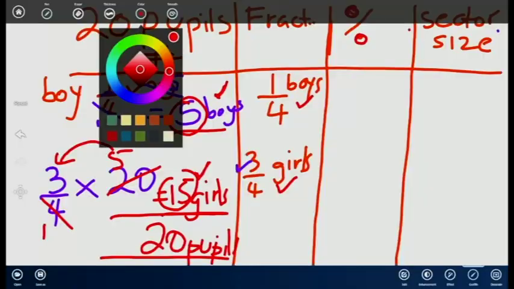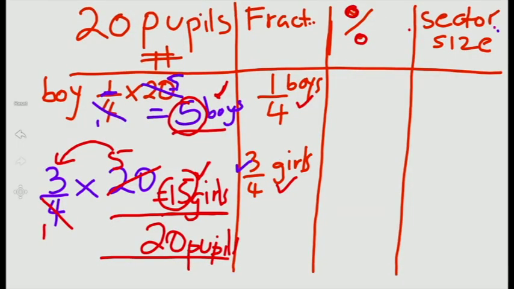In this case, we are given a fraction. We are told that the fraction for the boys is 1/4. You take that 1/4, multiply it by 100 to find the percentage that represents the number of boys in this classroom.